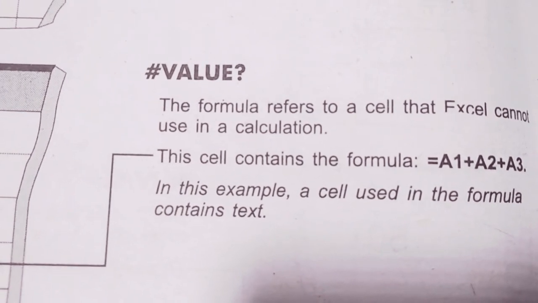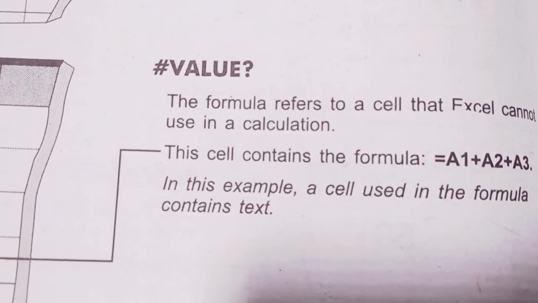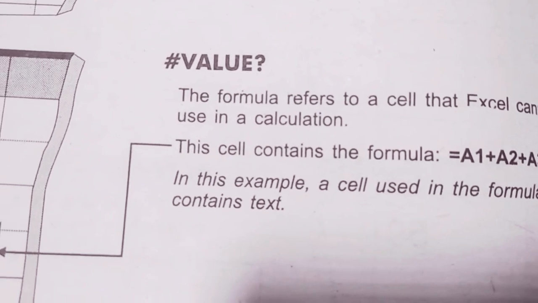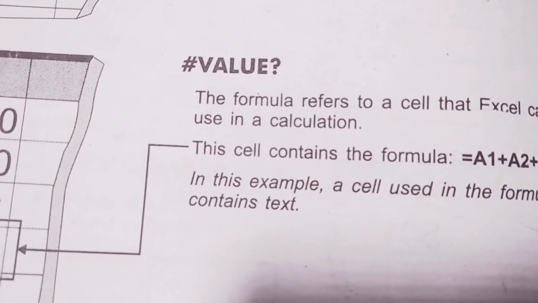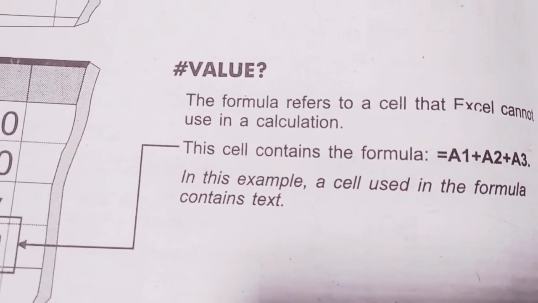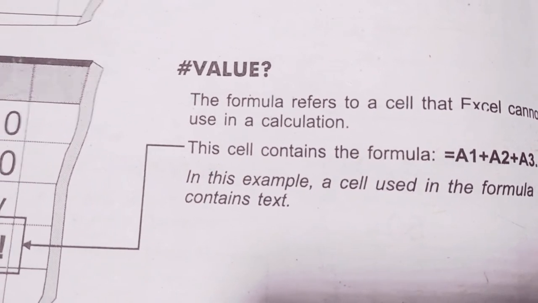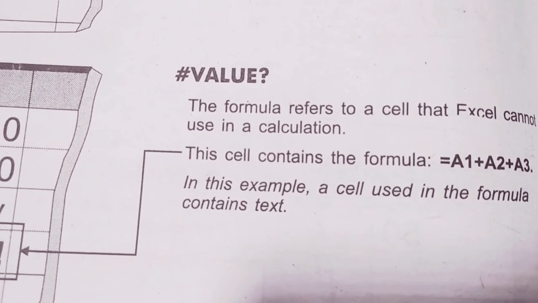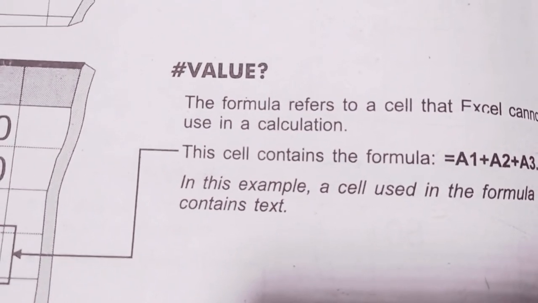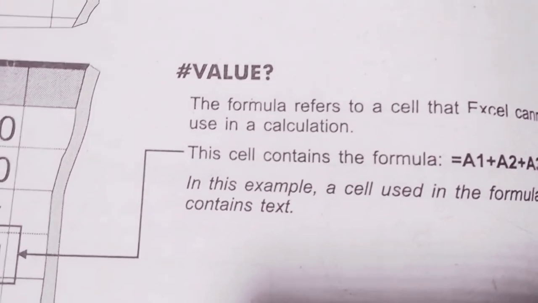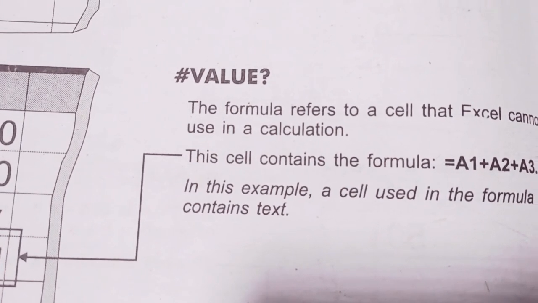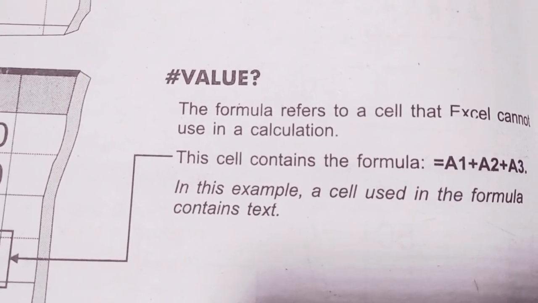So this cell contains the formula A1, A2, A3. A3 has the missing number, so that's why the message is generated.